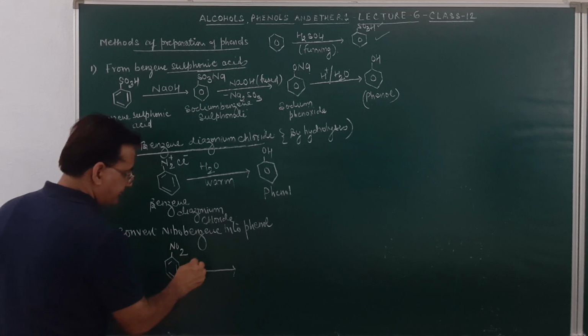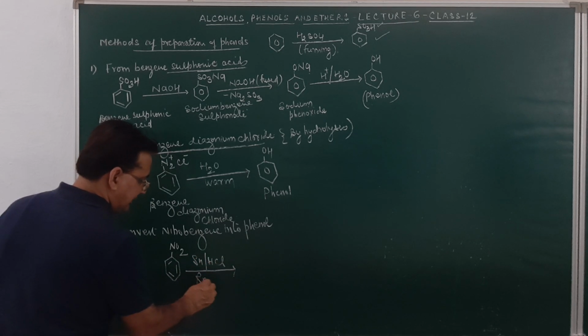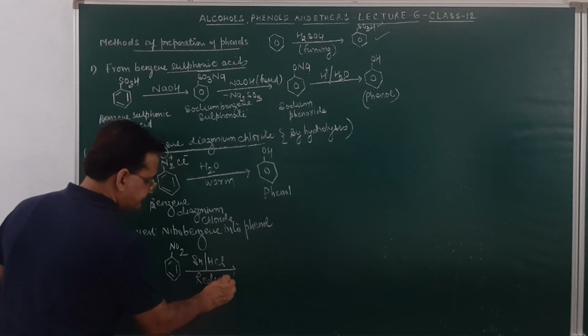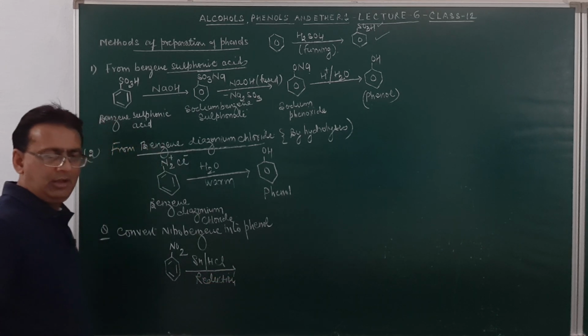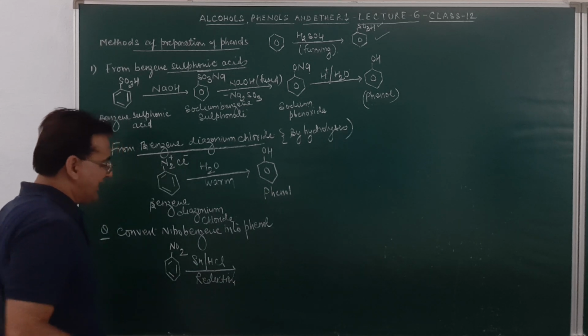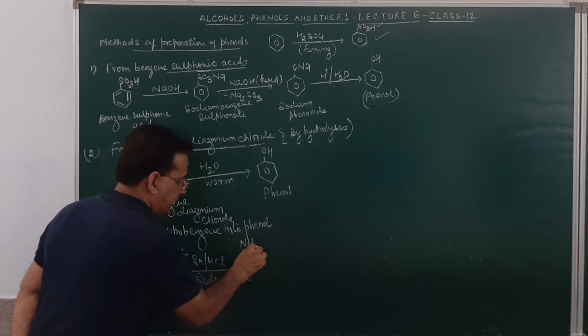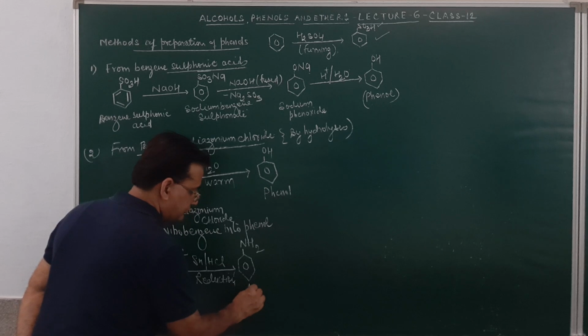Nitrobenzene, on reduction in presence of tin and HCl, will result in the formation of an aniline molecule. This is our reduction process. The product obtained over here will be aniline.